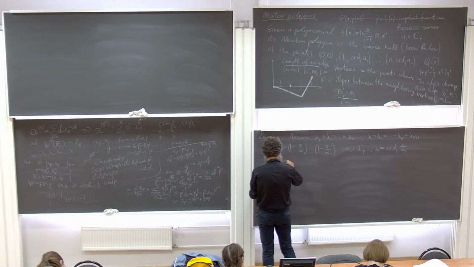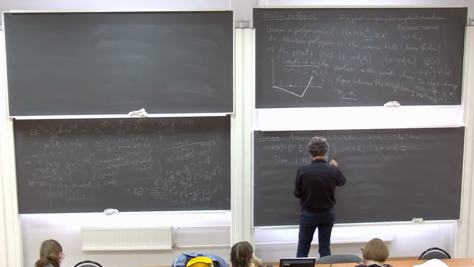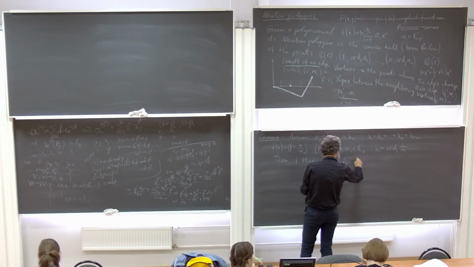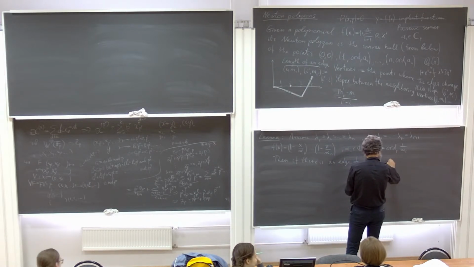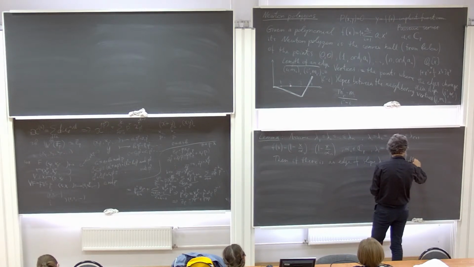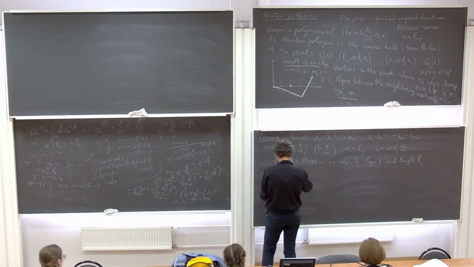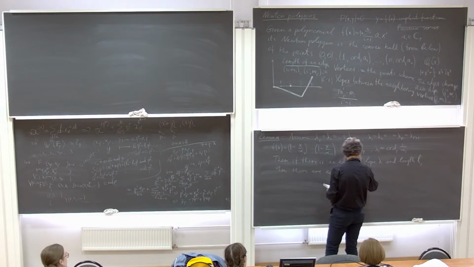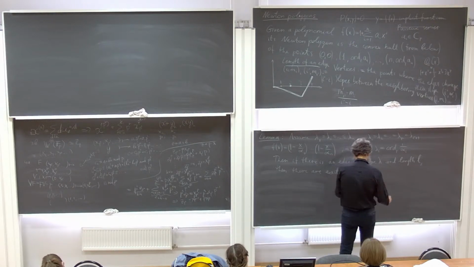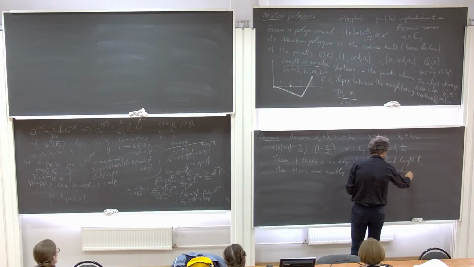Then if there is an edge of slope lambda and length L, then there are exactly L many roots, alpha i's, whatever, of order lambda.